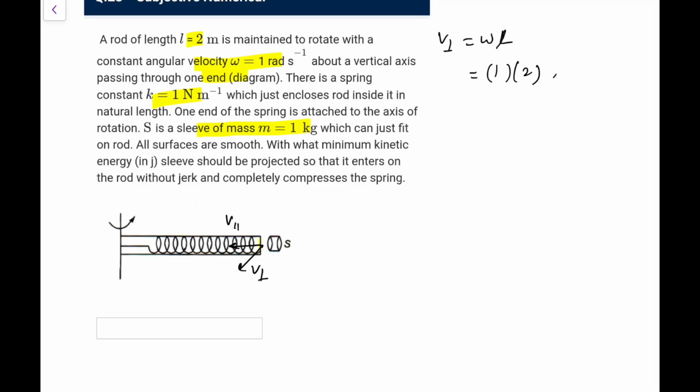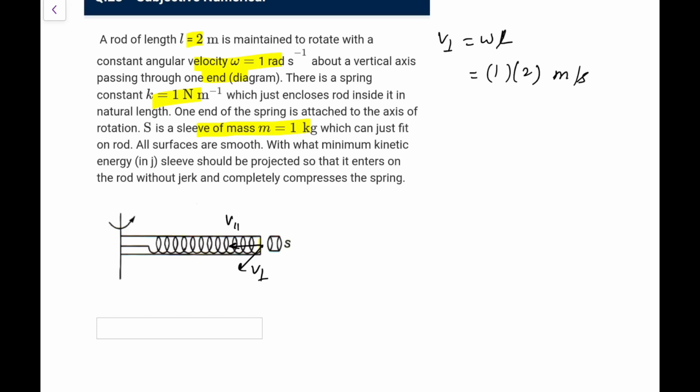so that is 2 meter per second, and now it will be rotating with the rod, and this velocity will compress the spring. But because it is a rotating frame, to compress it fully, when we look at it in the frame of the rod, there will be a pseudo force as well.